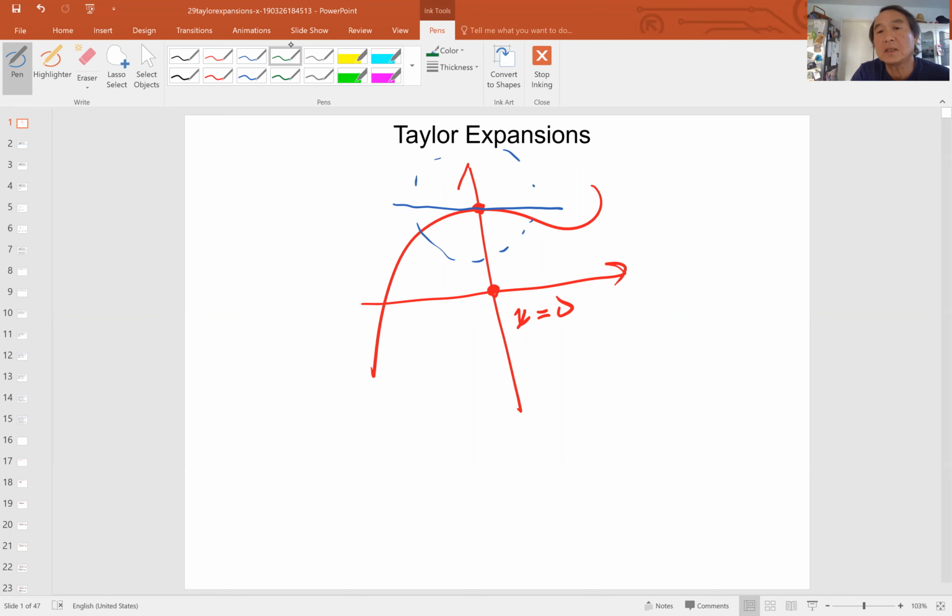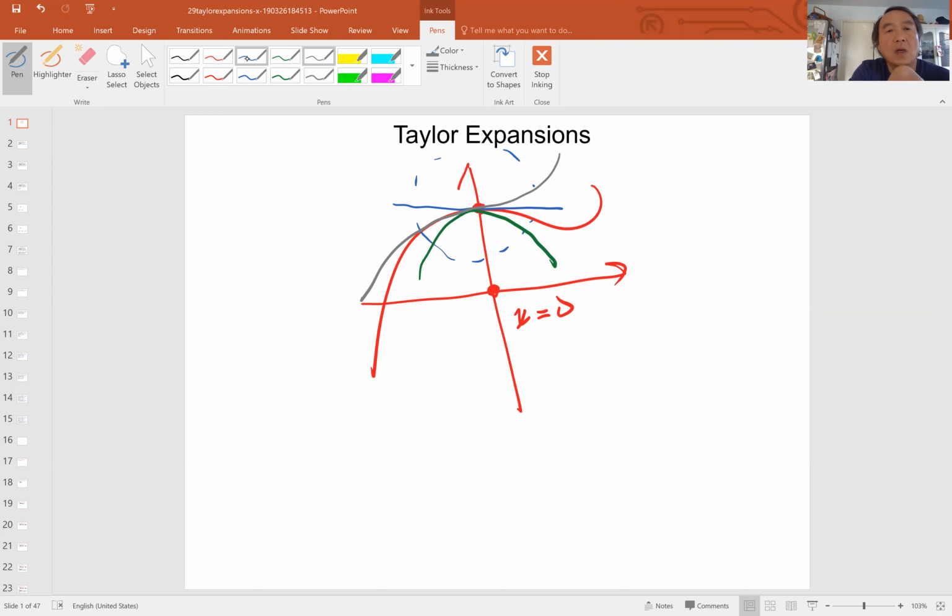Now we find the second degree polynomial, which is a parabola. Now we find the third degree polynomial, which probably fits something like that. As we keep doing this, the sequence of polynomials, which we call Maclaurin polynomials, gets closer and closer to the red curve, the original formula.